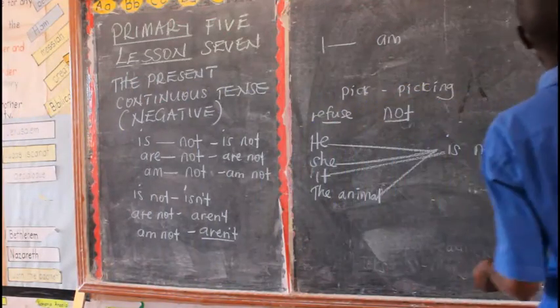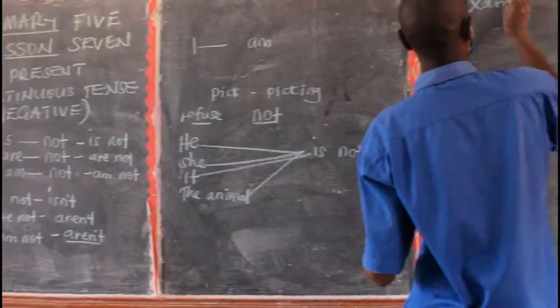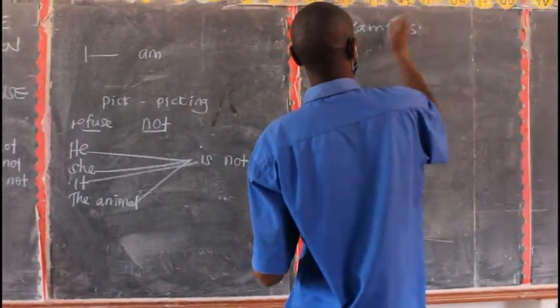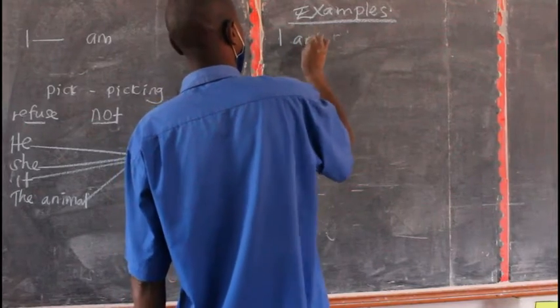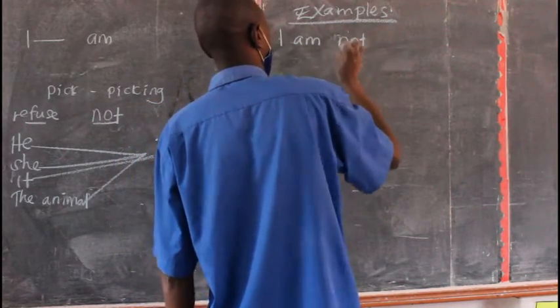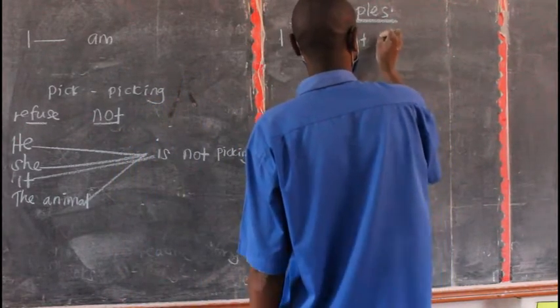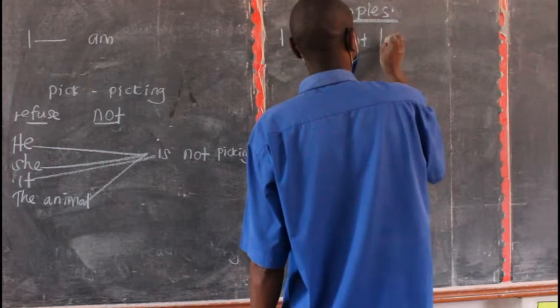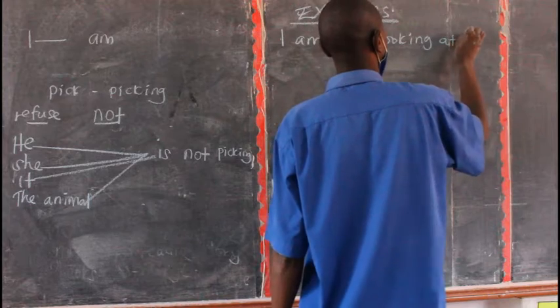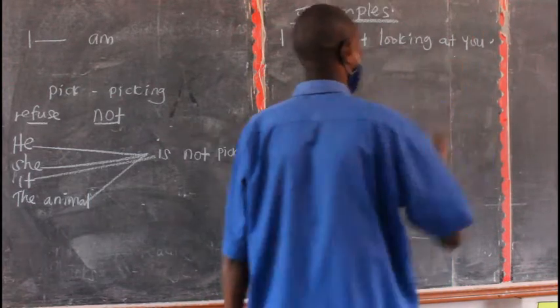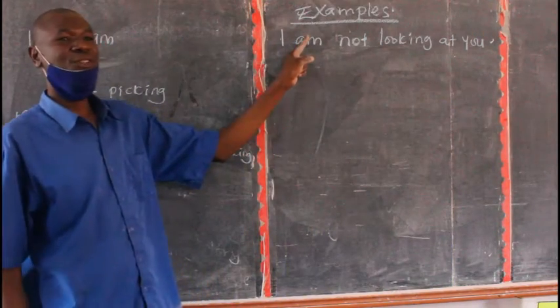Let's look at these examples. Number 1. I am not looking at you. This one is a present continuous tense negative.